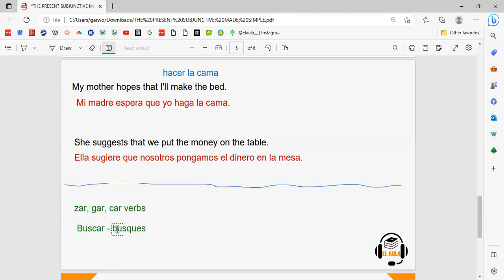Okay, let's change the color of this. And similarly, if we have a verb such as jugar, again, we hear this hard G sound in this case, right?